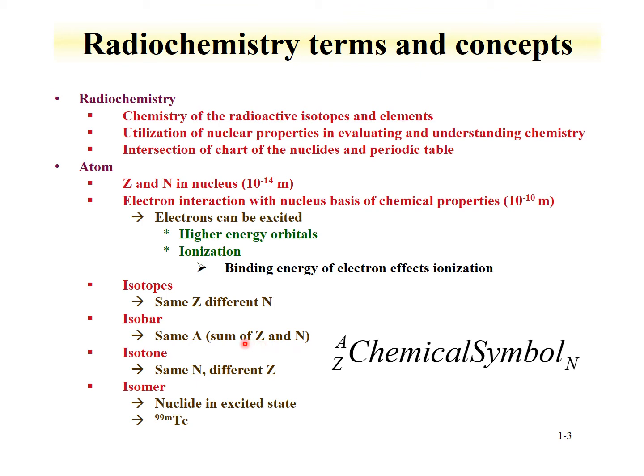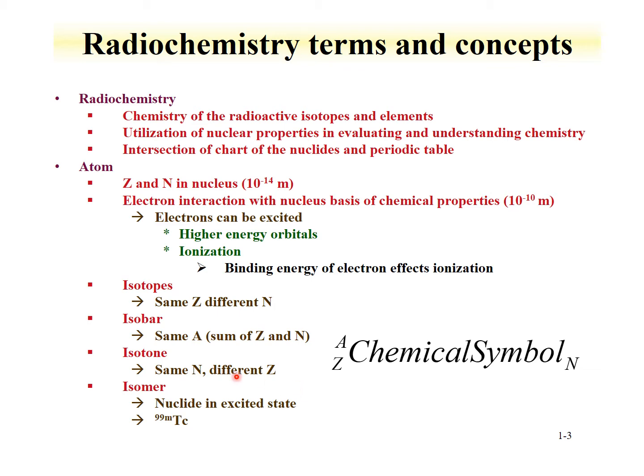So as an isotope undergoes beta decay, it converts a neutron into a proton. So the sum, the A, remains the same. An isotone, that's the same number of neutrons but different number of protons. This is used to help identify how the neutrons and the protons have properties within the nucleus.